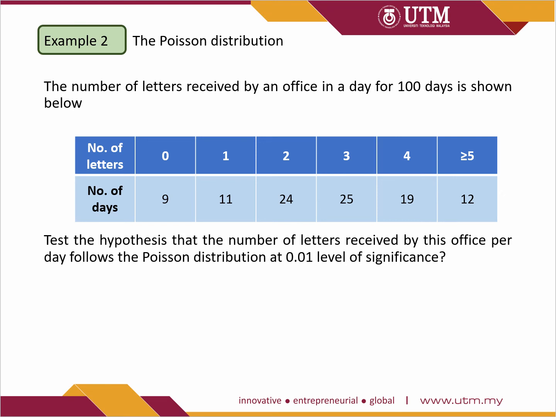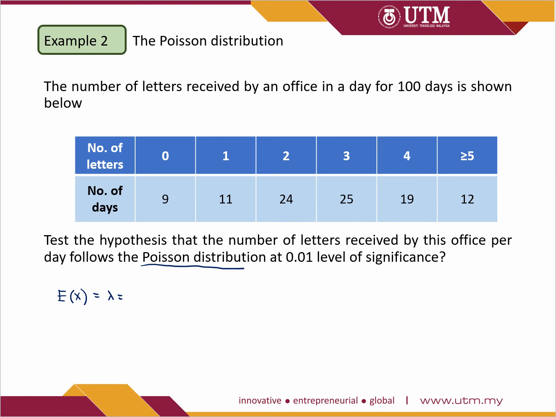Since we want to check whether the number of letters follows the Poisson distribution or not, we have to determine the value of the mean first. The mean is obtained from this frequency distribution. We multiply the number of letters with the number of days, total this up, and divide by the number of observations.